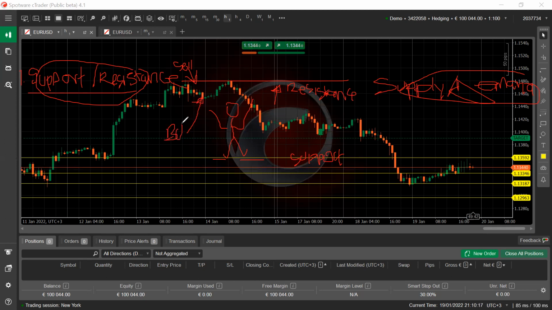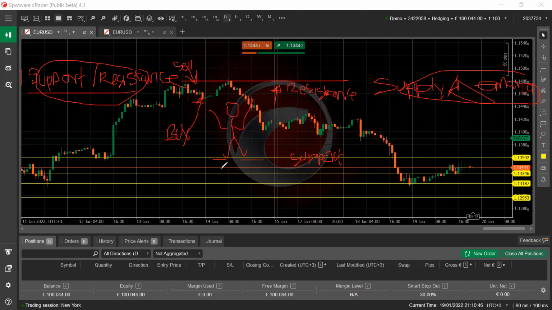So it is that struggle between buyers and sellers, where up to this line there are a lot of sellers. If the sellers are more than the buyers, then they cause resistance.